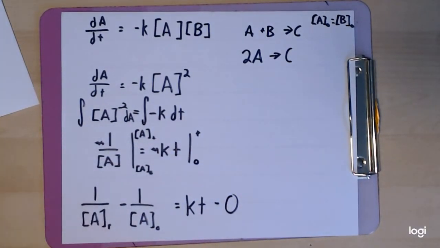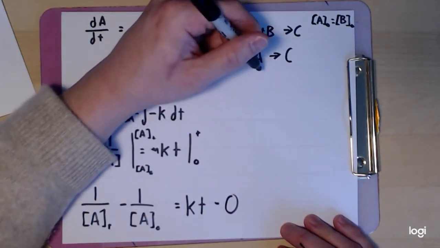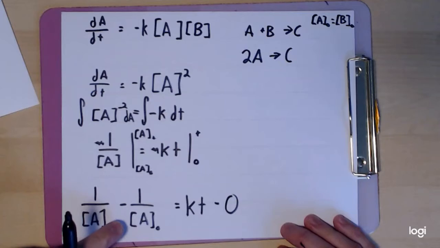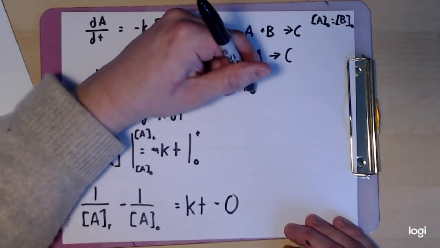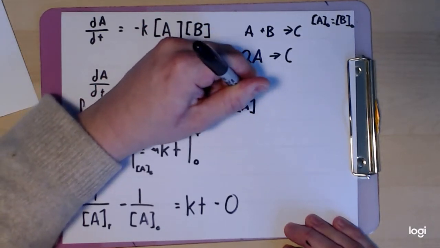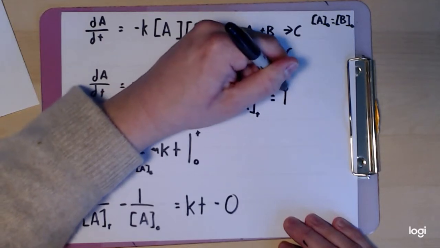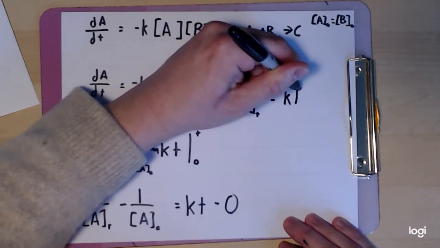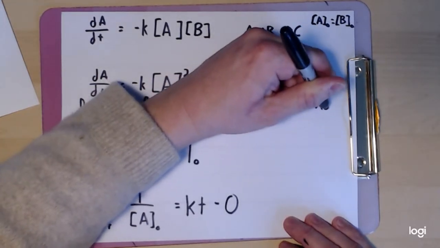Okay, so this is pretty nice. Now I'll just bring this up here and we can rearrange this a little bit. Let's add 1 over A0 onto each side, and we end up with 1 over the concentration of A at time t equals kt plus 1 over A0.